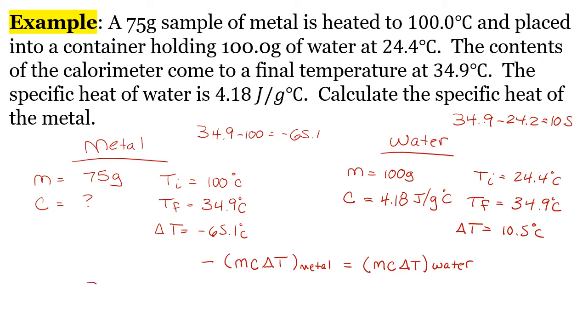So negative 75 grams of metal, we don't know the c value, the specific heat, times negative 65.1 degrees Celsius, the change in temperature. And that's going to be equal to 100 grams of water, times the specific heat of water, times the change in temperature, which is 10.5.